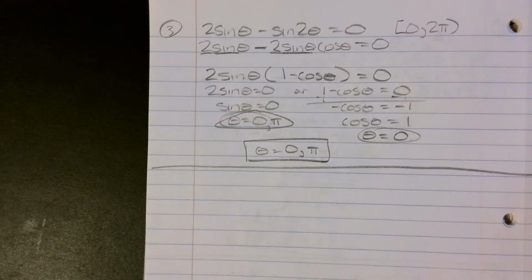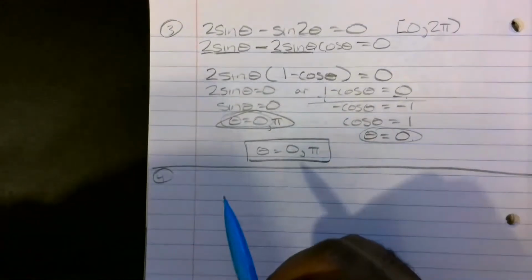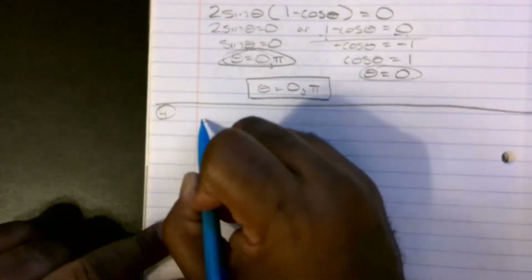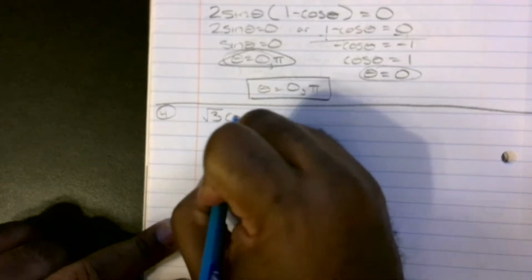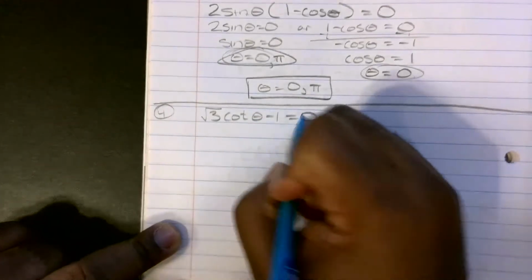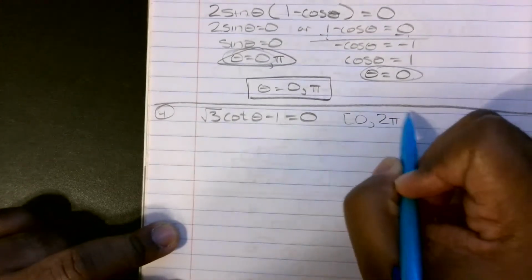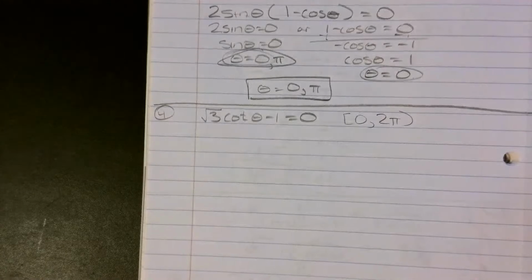Next up. Another equation, but we haven't seen this before yet. Root 3 cotangent of theta minus 1 is equal to 0. And of course, we're on 0 to 2 pi, which is basically our unit circle.